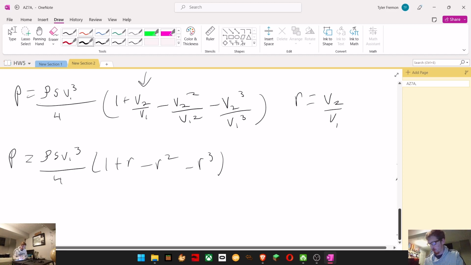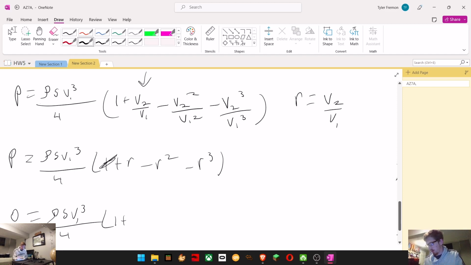The amount of power we're generating is not changing. So we have 0 equals rho S V cubed over 4 times 1 minus 2R minus 3R squared.